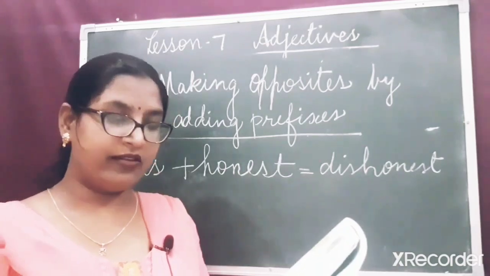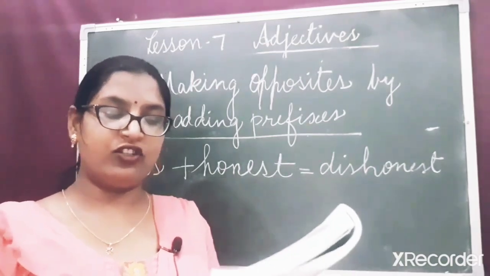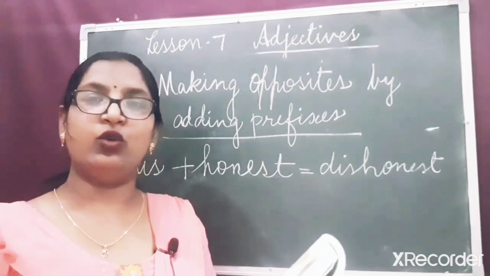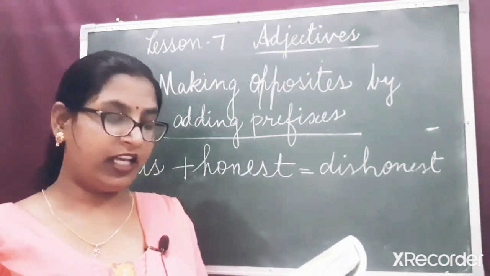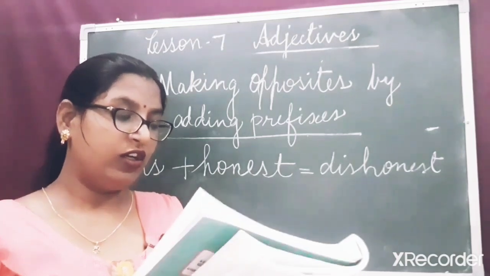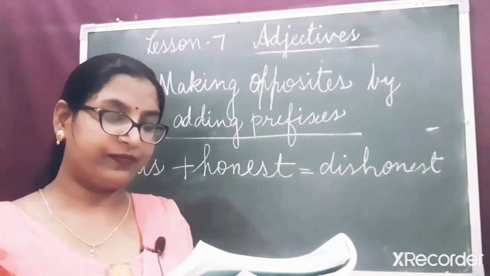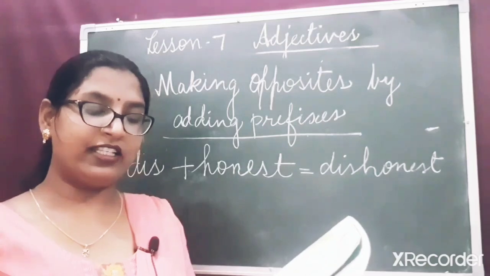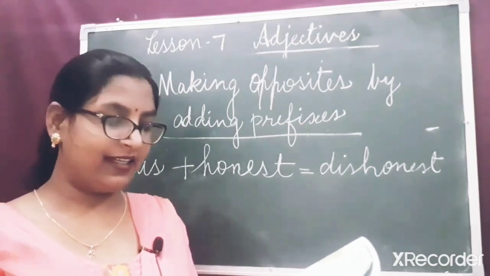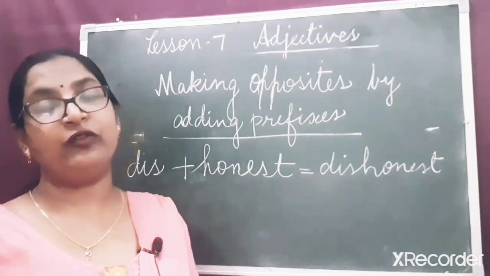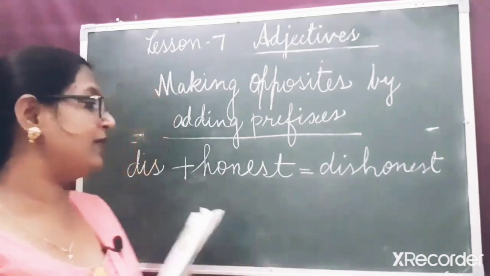There are several other prefixes in English that mean no or not. Some of them are in, un, im, non and ir. We get negative words or words opposite in meaning if we add these prefixes to different words. Let us see some more examples.